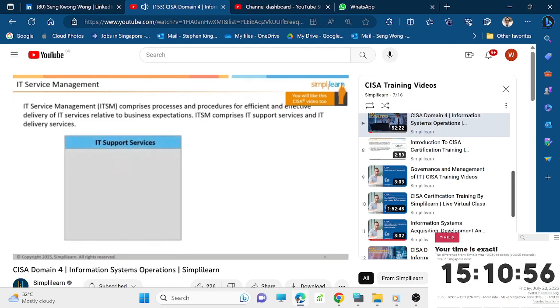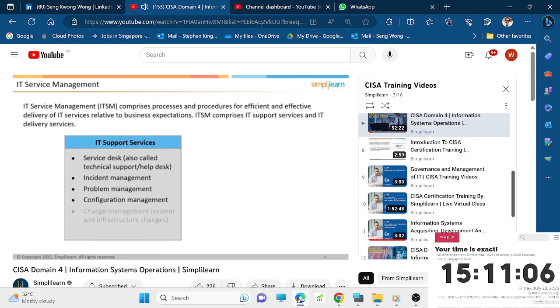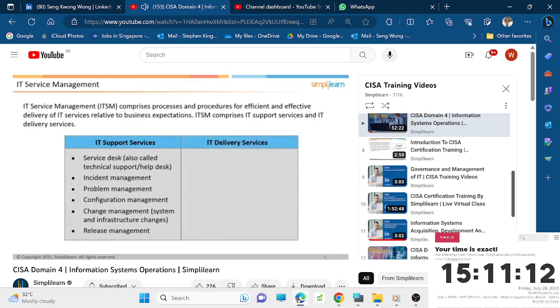IT support services include service desk, at times referred to as technical support or help desk, incident management, problem management, configuration management, change management, system and infrastructure change, and release management. IT delivery services include service level management, IT financial management, capacity management, IT service continuity management, and availability management.